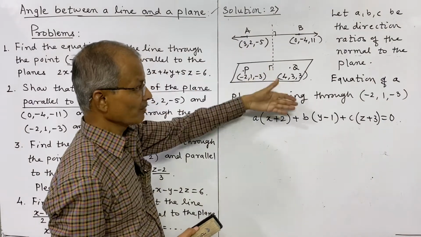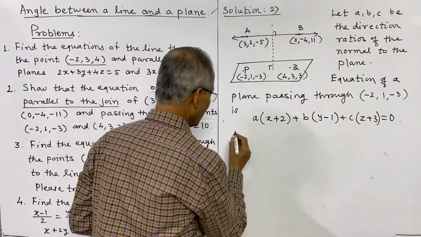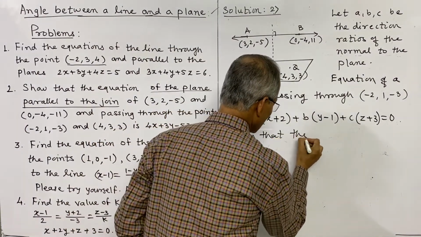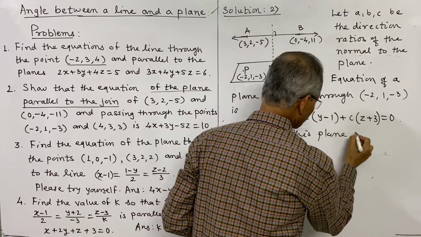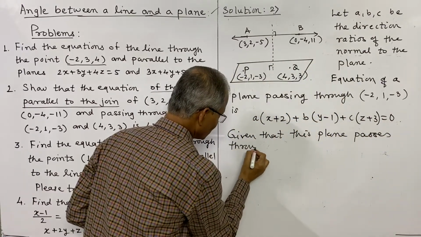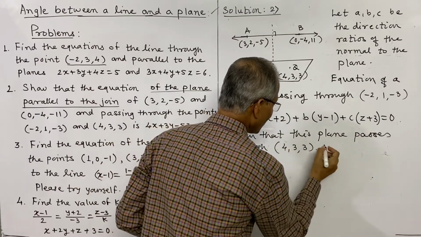Now we use the remaining conditions. The plane also passes through the point 4, 3, 3.